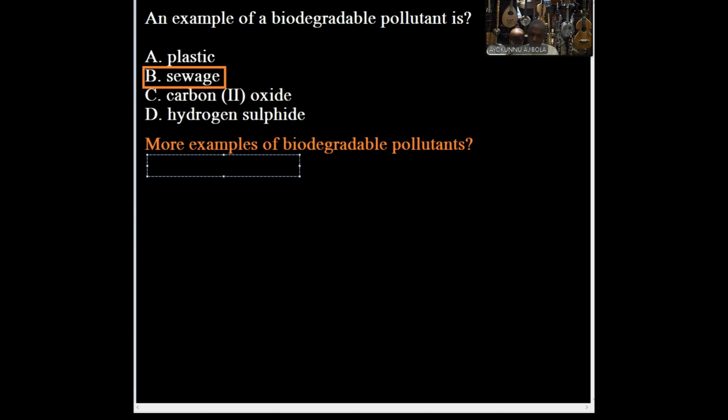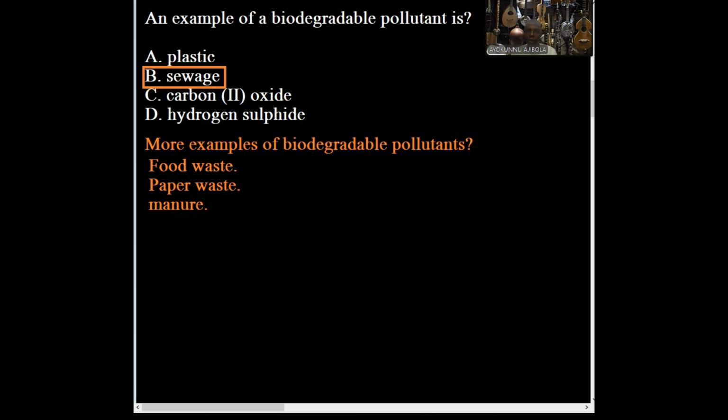We can talk about food wastage, leftover food. Then we can talk about paper waste. Then sewage, which is the same as human waste. Also, manure.